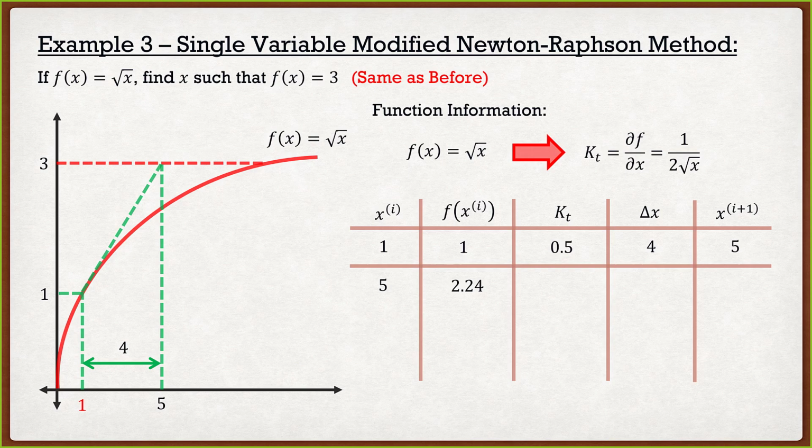Question for the chat. 0.5. You guys are on the money. Exactly, 0.5. In the modified Newton-Raphson method, we don't modify KT unless it's at very specific iterations. So in this case, we're not going to modify it at all. Instead of recalculating KT, we're just going to keep it as 0.5.